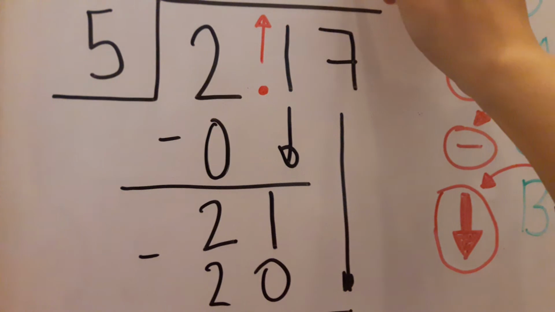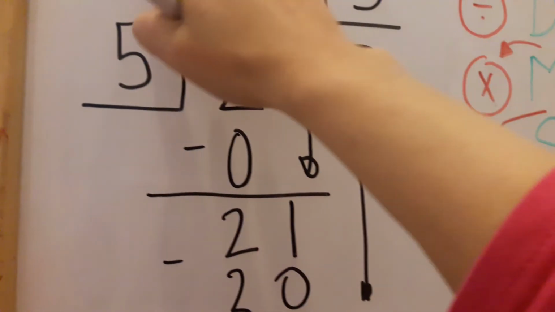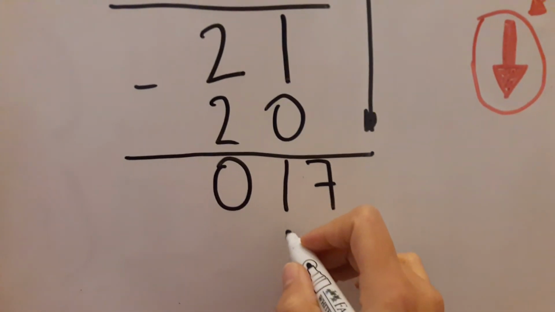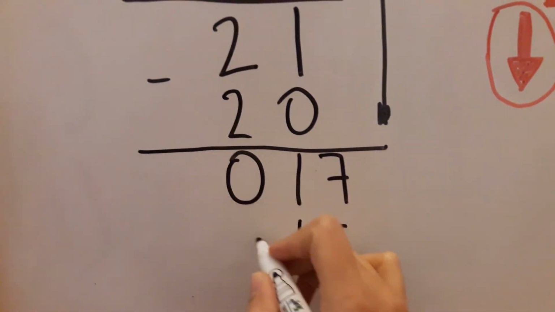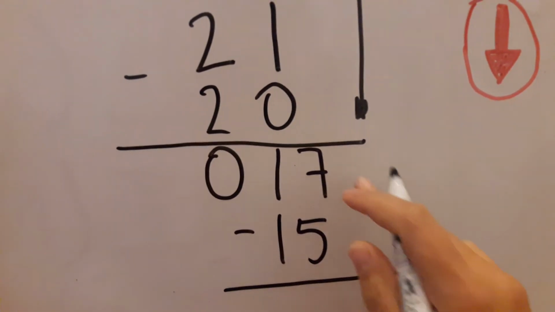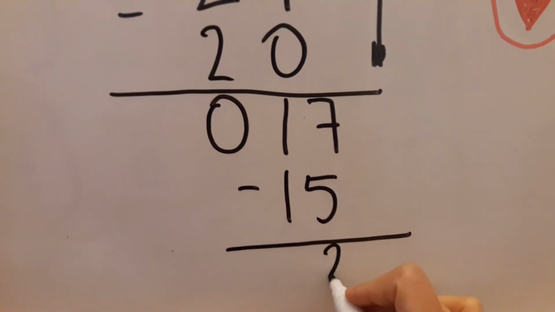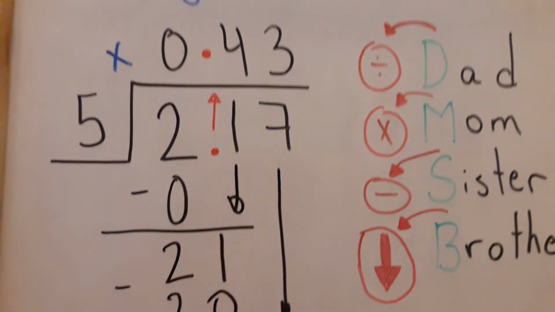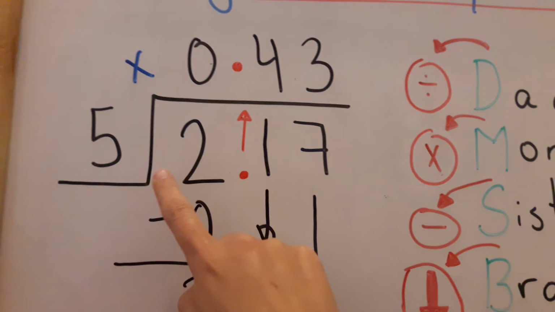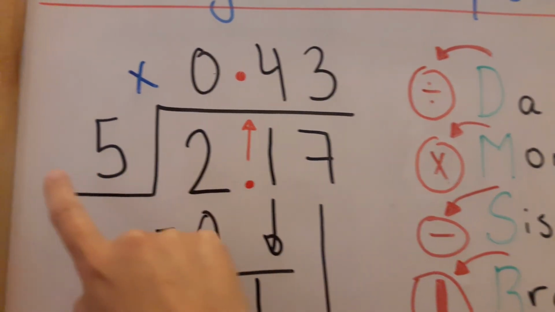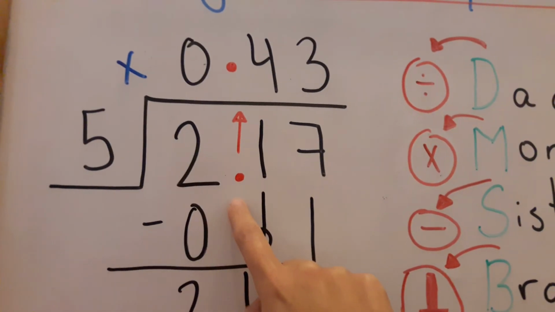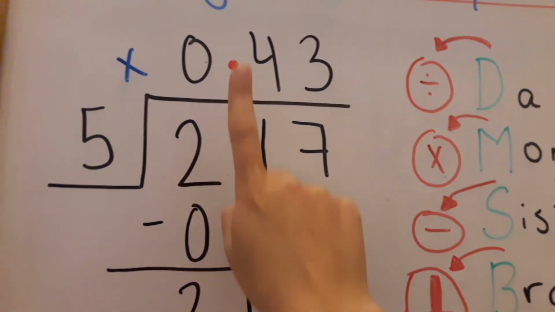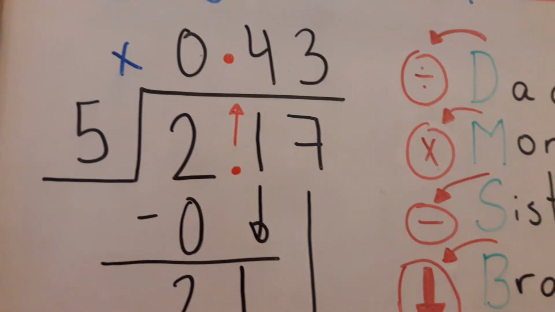Times 3. 3 times 5, it's 15. So 7 minus 5, it's 2. And 1 minus 1, it's 0. Again, when you are dividing a decimal number by a whole number, when you reach this decimal point, just bring it up. That's it.